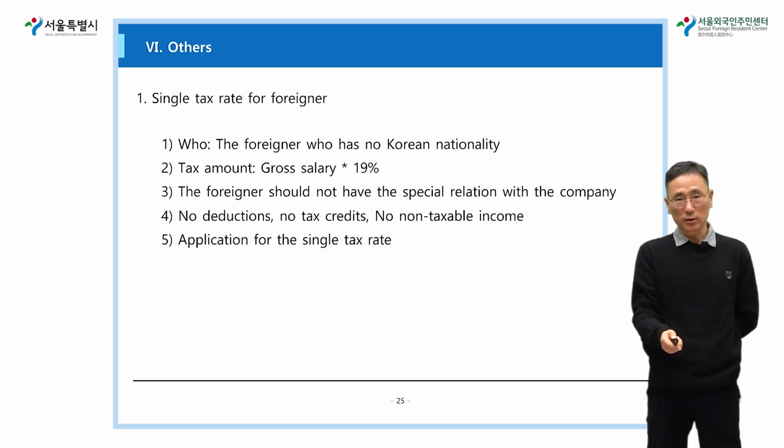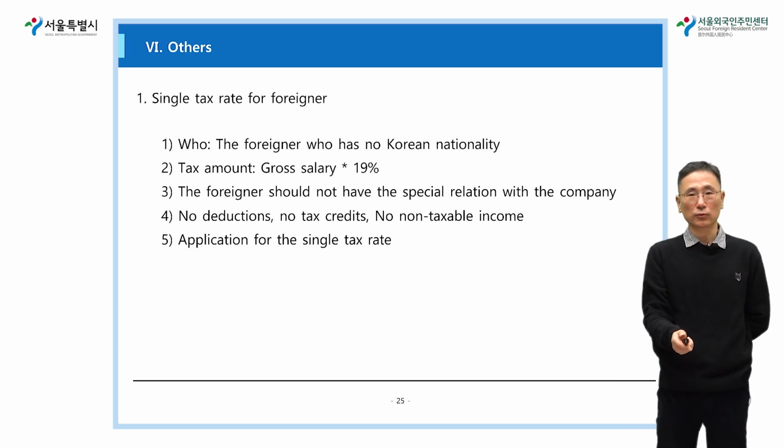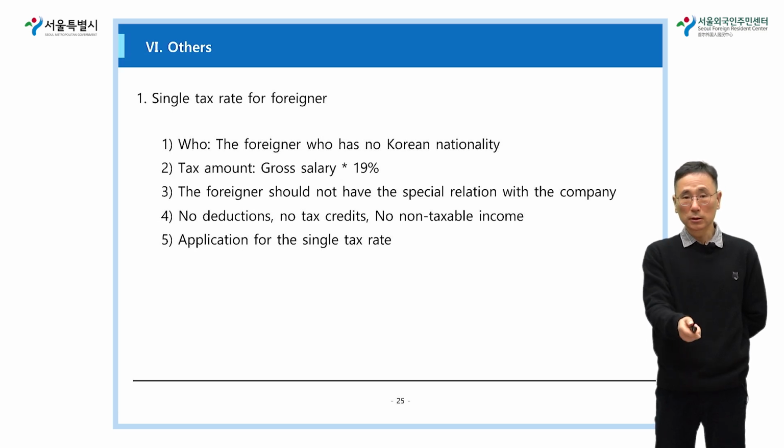I told you the lowest tax rate is 6%. The highest tax rate is 45%. Then if you choose this single tax rate, you apply only a 19% tax rate. Even if the tax base exceeds 1 billion Korean won, you only apply 19%, not 45%, the highest one.